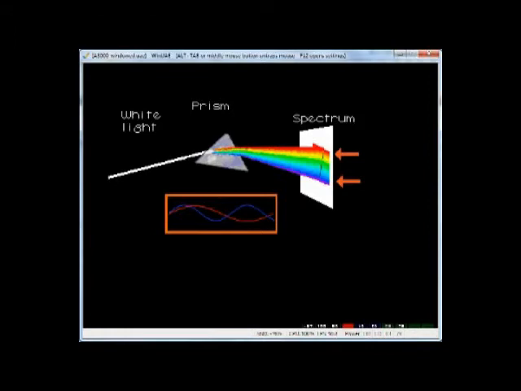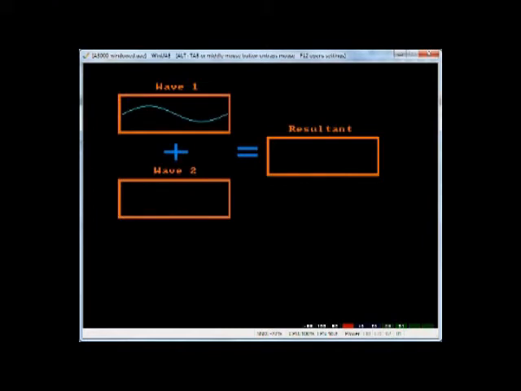Now let's see how waves can interfere with each other. When two waves pass through the same area of space, they combine to produce a new wave. This new wave is the sum of the original waves.